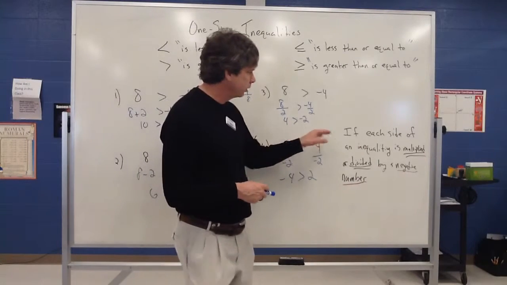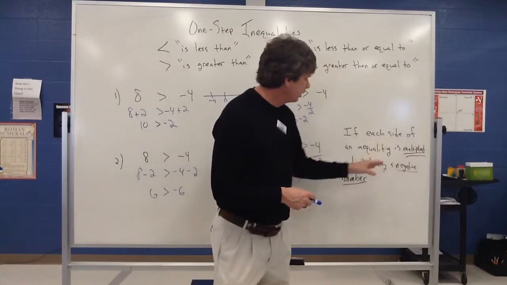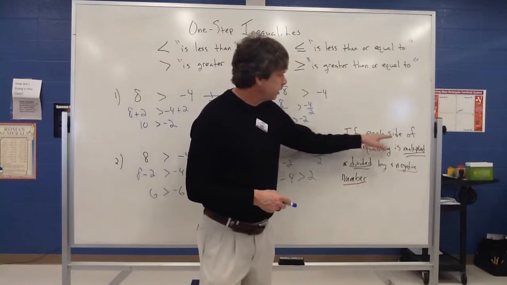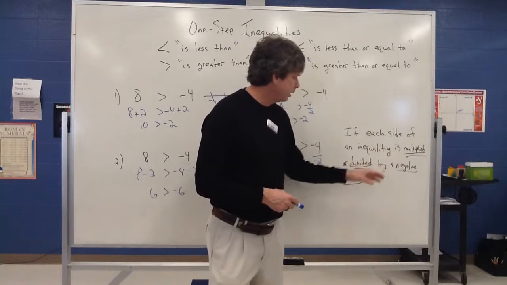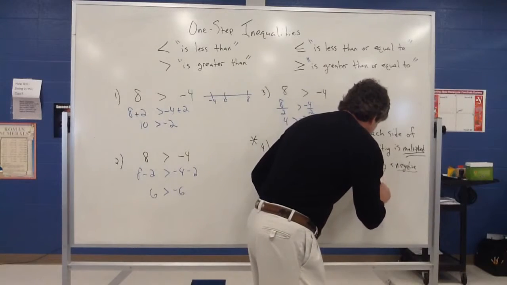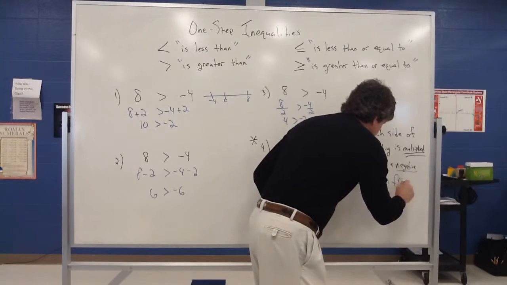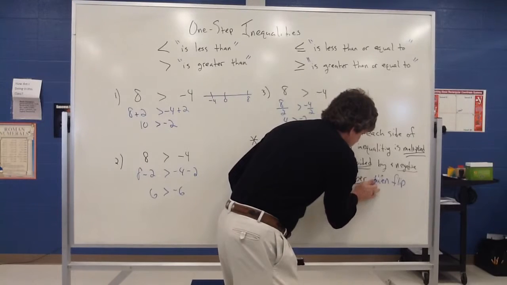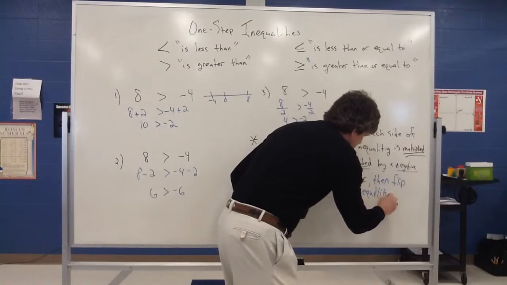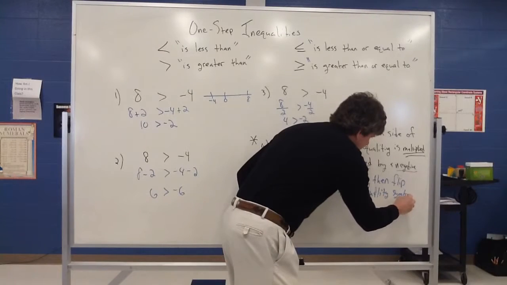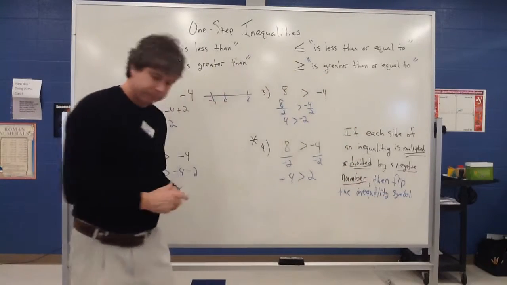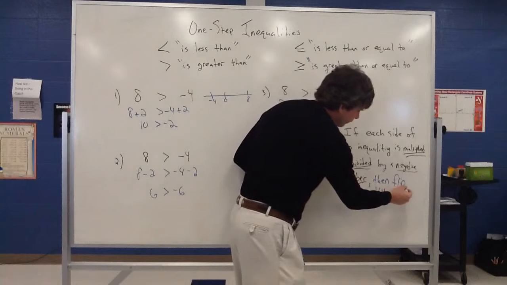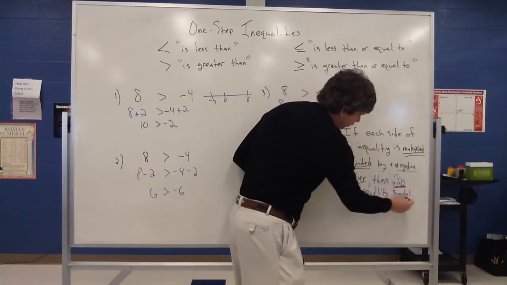So what we pick up on is this little conclusion here. If each side of an inequality is multiplied or divided by a negative number, what we want to do, if this happens, is flip the inequality symbol.